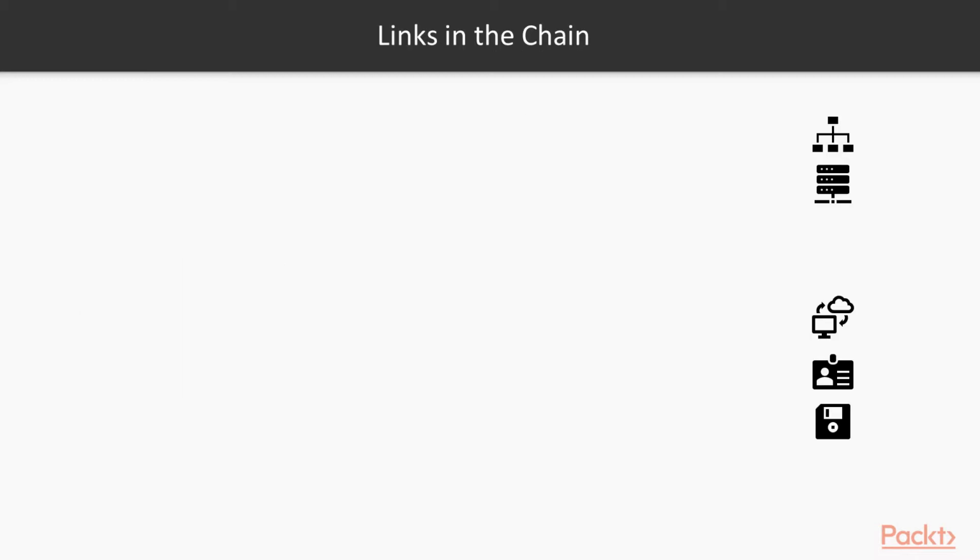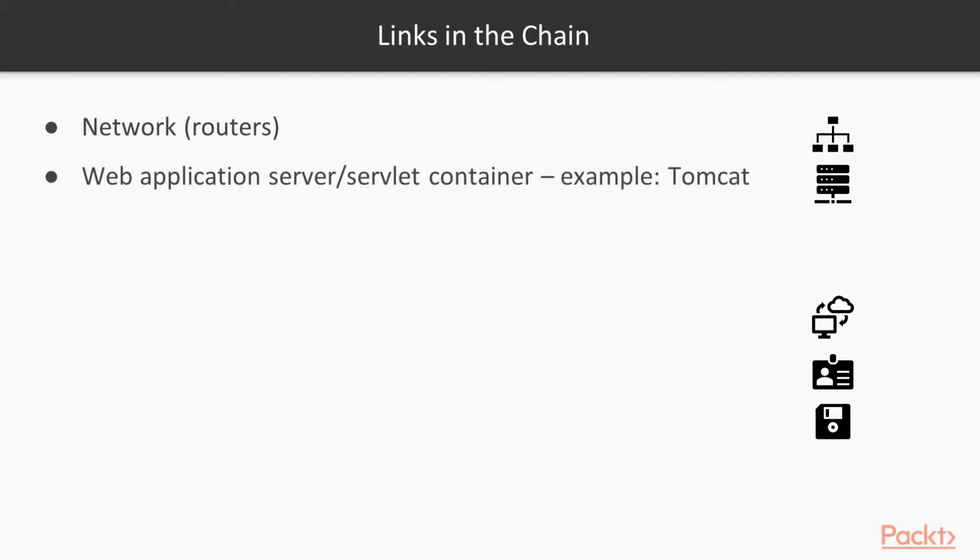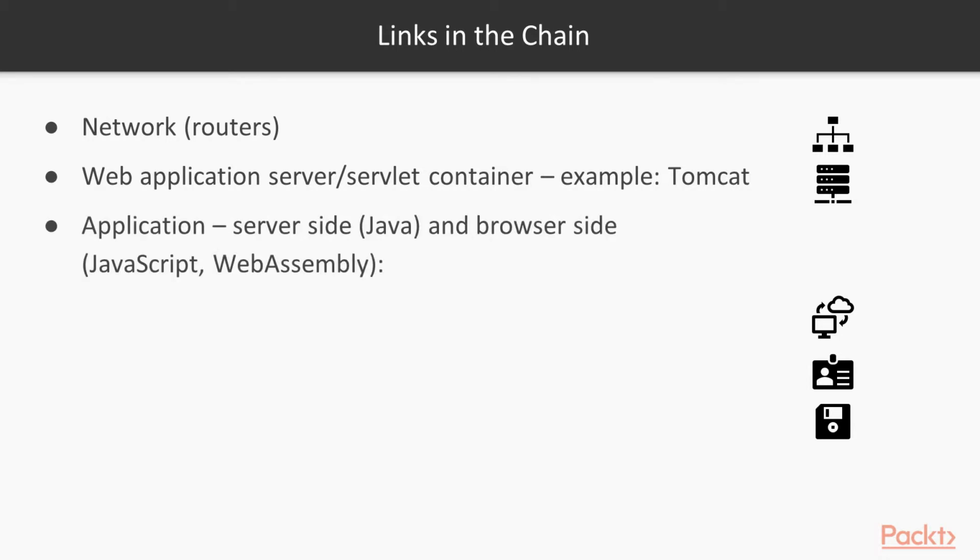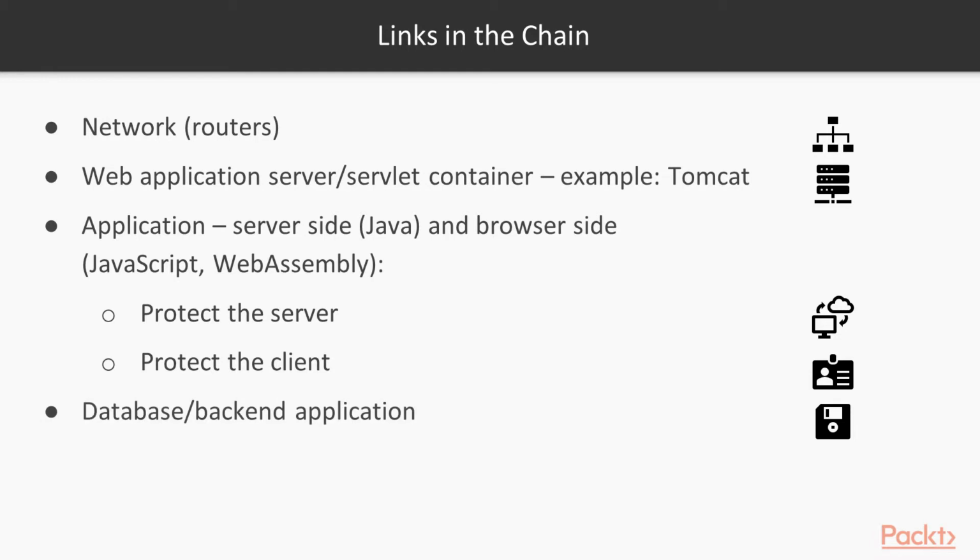The links in the chain are the following: the network that the application runs on, routers, the web application server or servlet container, for example Tomcat, the application, the server-side Java, and the browser-side JavaScript or WebAssembly application, because web applications usually contain two different parts, one running on the server and one running inside the browser. That way we have to think about how we protect the server from intrusion and also how we protect our clients. And last but not least, the things that run behind the application, the database and the backend application. So let's have a look at these.